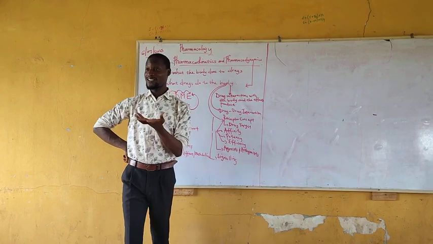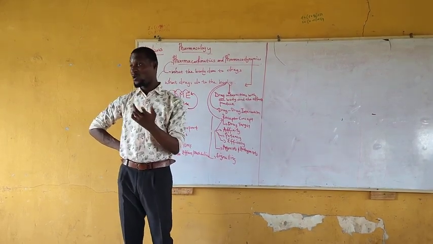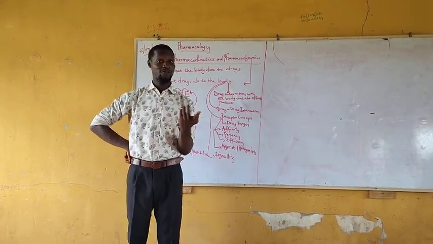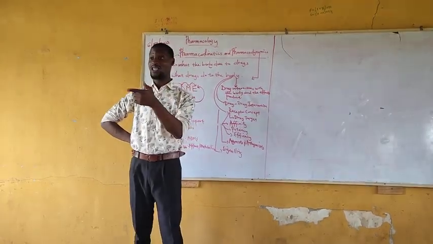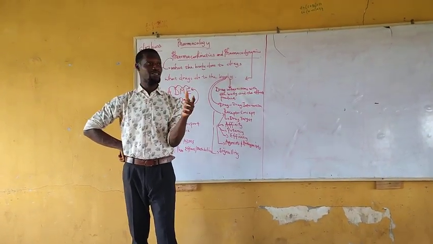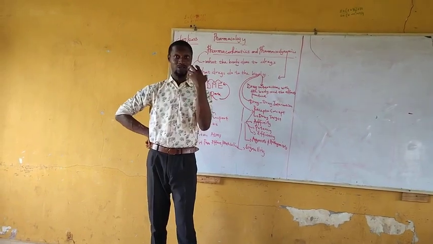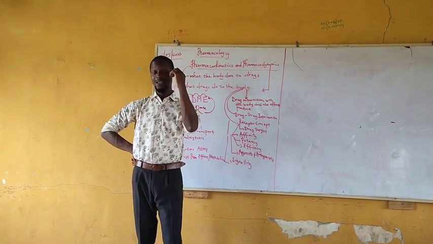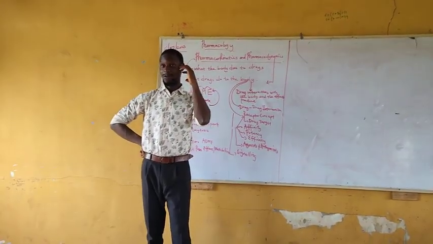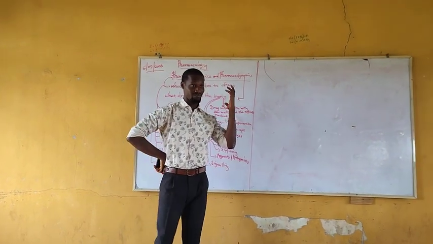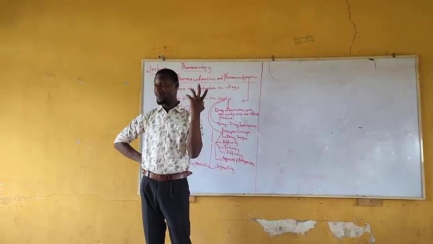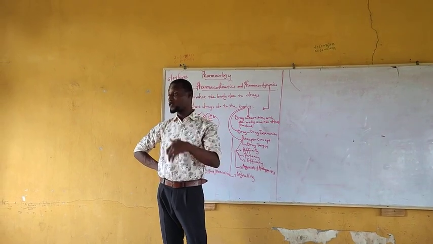But one of the things that can easily cross that BBB is alcohol. So when someone drinks alcohol, within minutes or hours the person is already drowsy, with a hypnosis that comes with drinking alcohol, or they can now talk loosely.